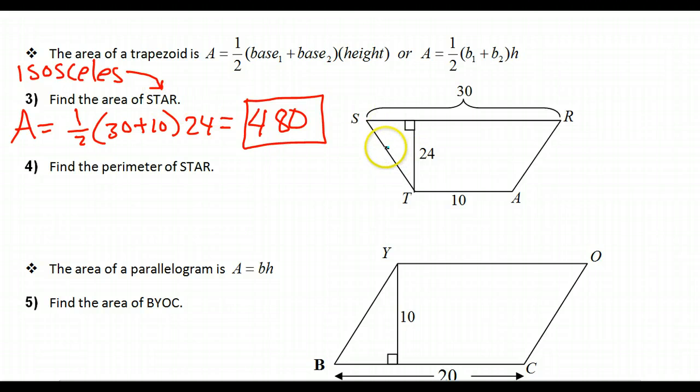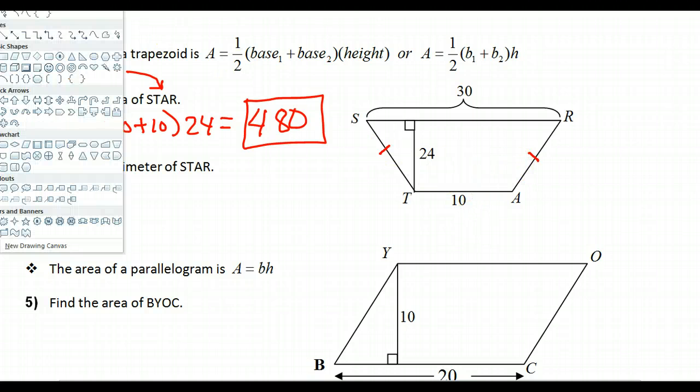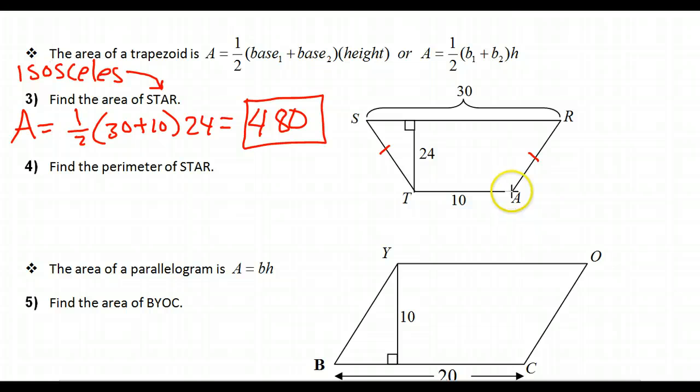This is isosceles, so ST and AR will be the same. Now with that in mind, we need to be ready to do the Pythagorean Theorem. So it will help us if we make another right triangle over here like this.